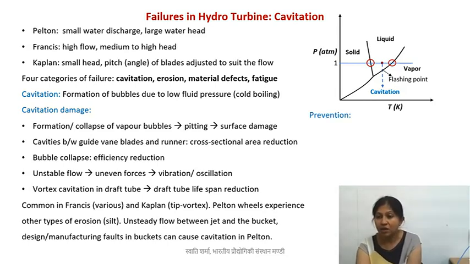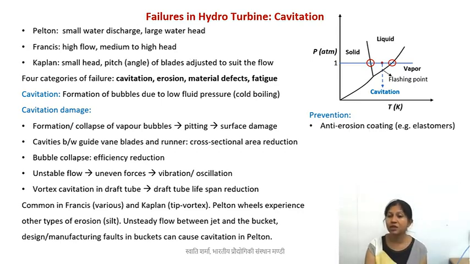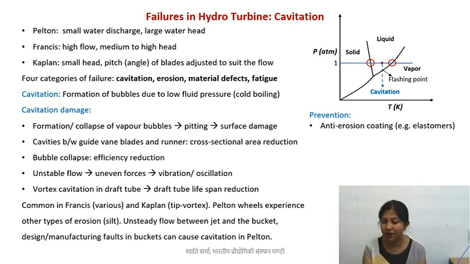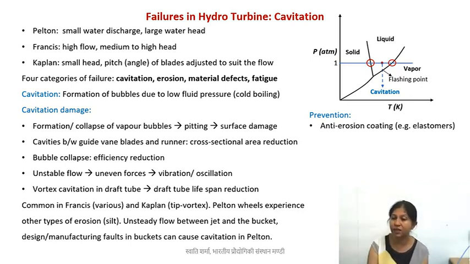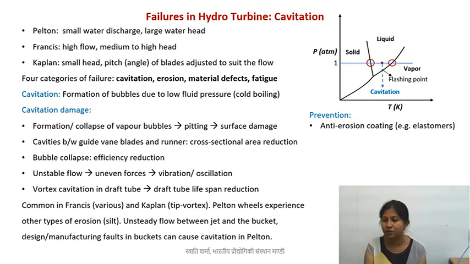Okay, so what do we do to prevent this? In terms of manufacturing, the only thing we can do is to protect the surface using some sort of anti-erosion coating. Anti-erosion coatings are not just useful for cavitation-derived problems, but also for any kind of erosion.